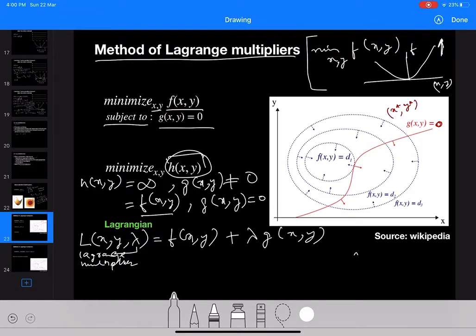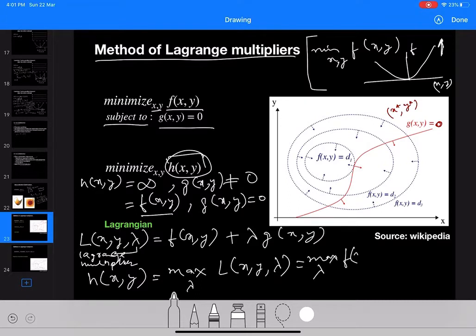Now we can define h of xy as the maximization with respect to lambda of L of xy lambda, which is equal to the maximization with respect to lambda of f of xy plus lambda times g of xy.